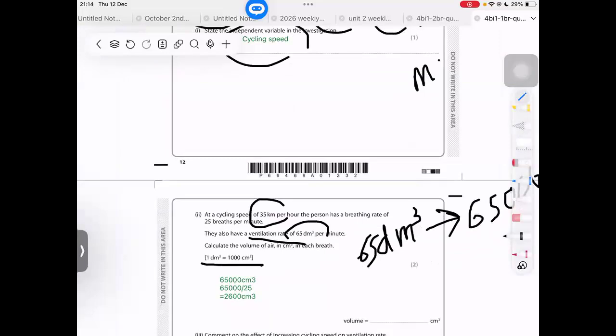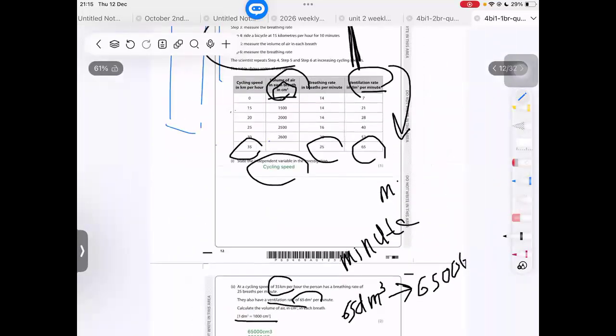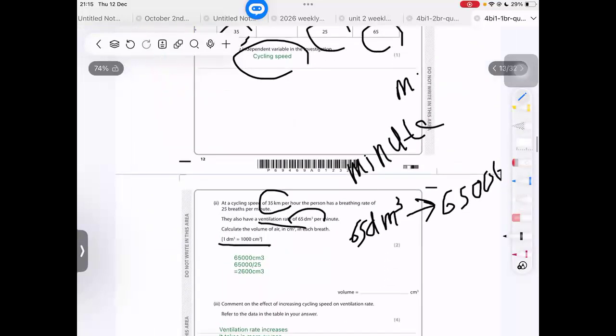Now I have found the amount of air that that person is breathing in per minute. Per minute, not per each breath, per minute. Right. Here they have said the number of breaths that the person is taking per minute. The number of breaths per minute will be 25 breaths per minute.